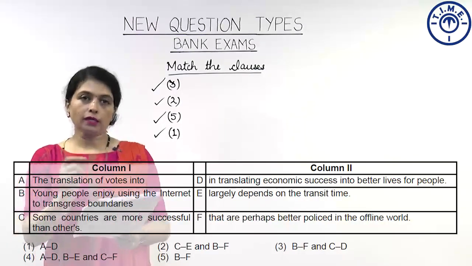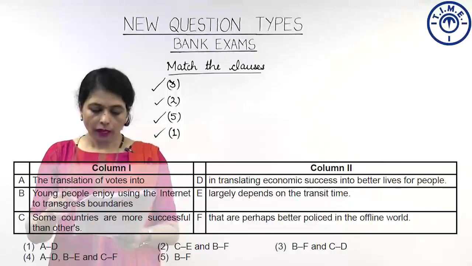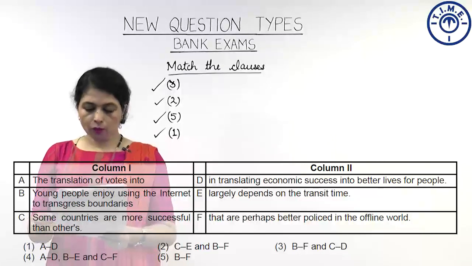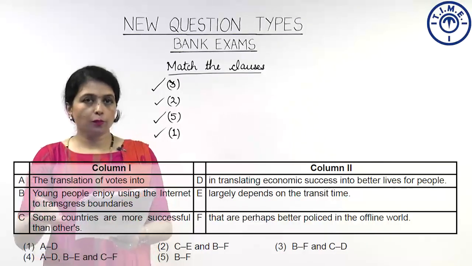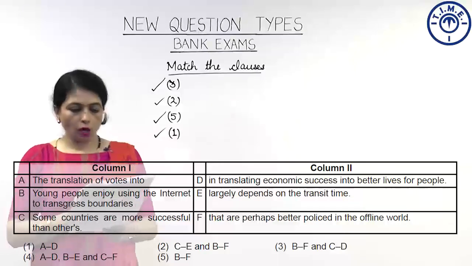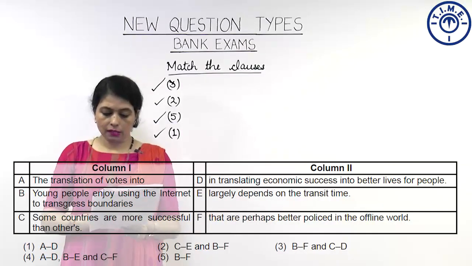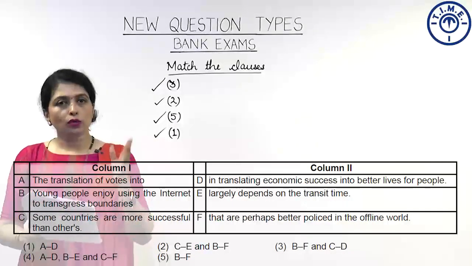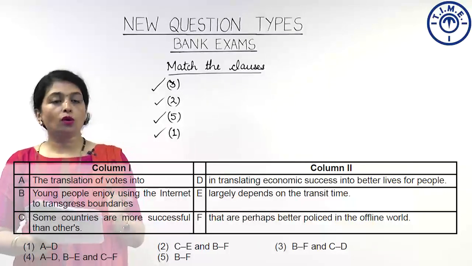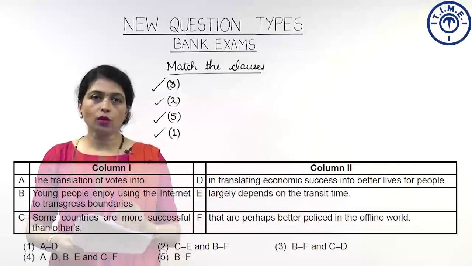Now let us look at each of these halves A, B and C and try to pair them with any of D, E and F. So looking at A, the translation of votes into. Votes into something that should be meaningful enough to complete the thought. Now, the translation of votes into in translating economic success: because the preposition into is already present, a preposition can always be followed by either a noun phrase or a pronoun.